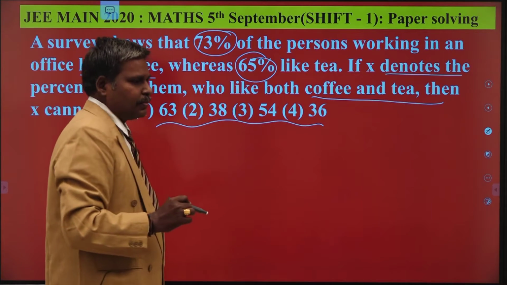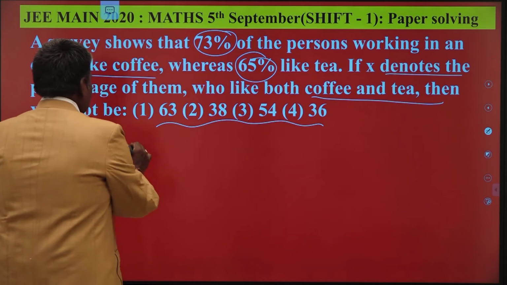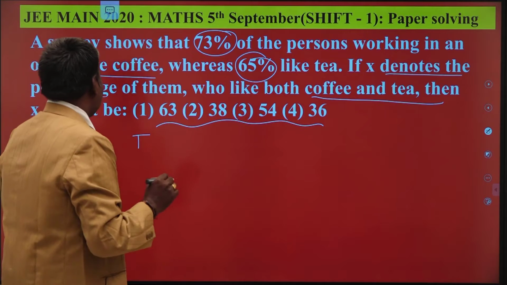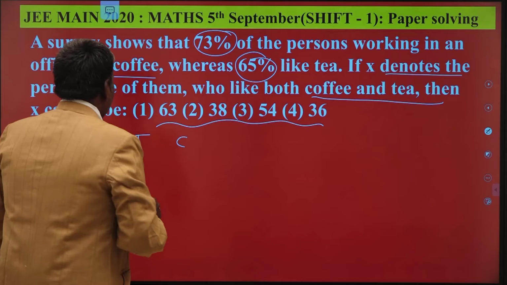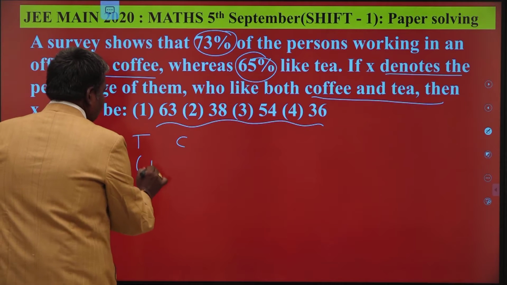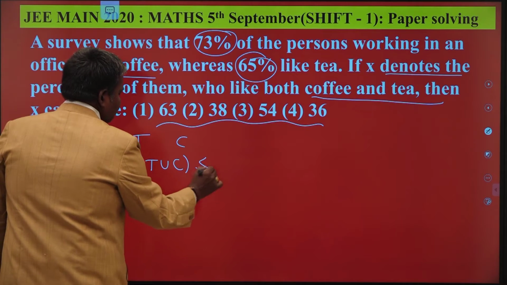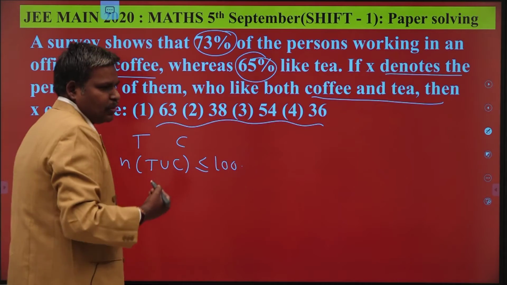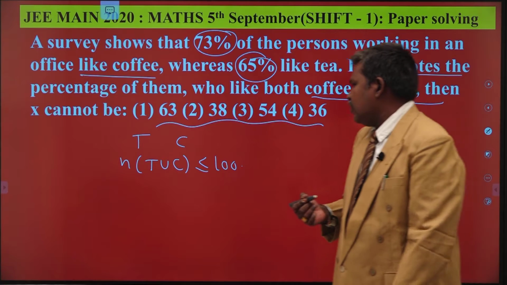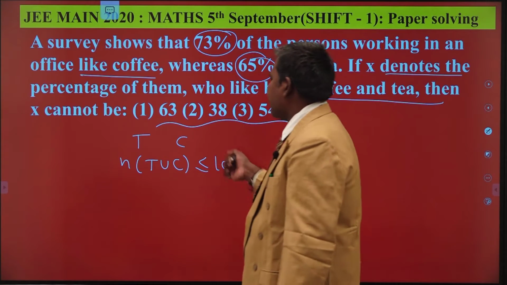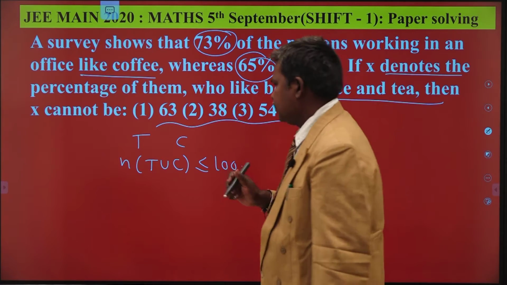This is the question. So let T be the event that they like tea, C be the event that they like coffee. We know that n of T union C is always less than or equal to 100 with respect to the percent. So n of T union C is less than or equal to 100 for 100 people.